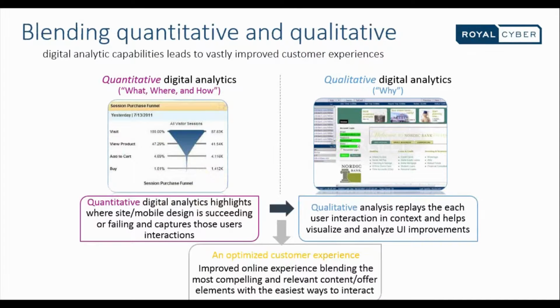So you can say that neither the quantitative nor the qualitative input can be missing in your decision-making process towards providing an optimized online customer experience. Both are required. So you can identify the issue to resolve for creating the easiest, most obstacle-free way to interact with your business online.